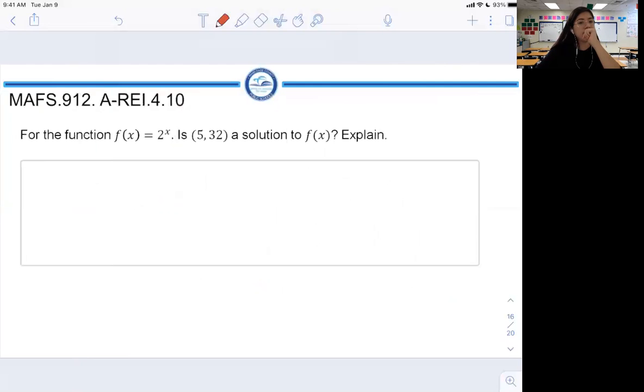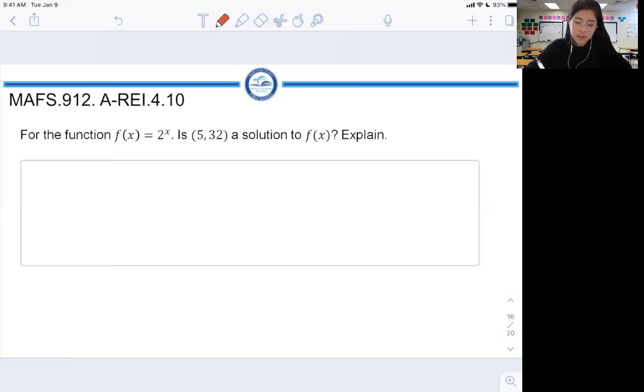Quadratic, linear, exponential, or something else? I think it might be exponential. How can you tell when you have an exponential function? It has an exponent. And what is that exponent going to be? X, or t, or n, or any variable. Okay? So yes, this is exponential.